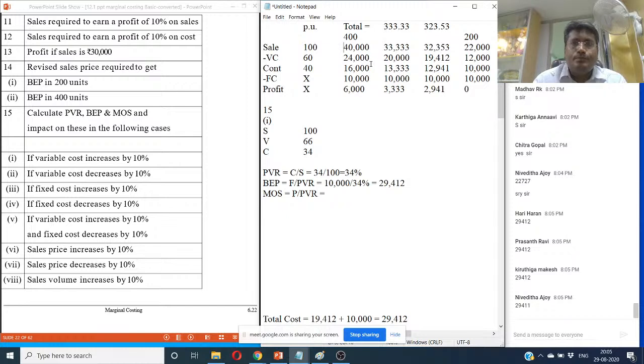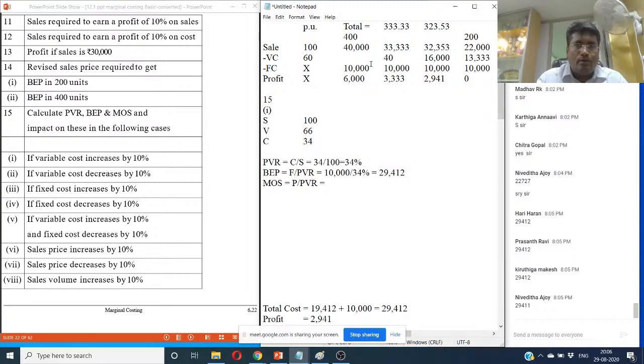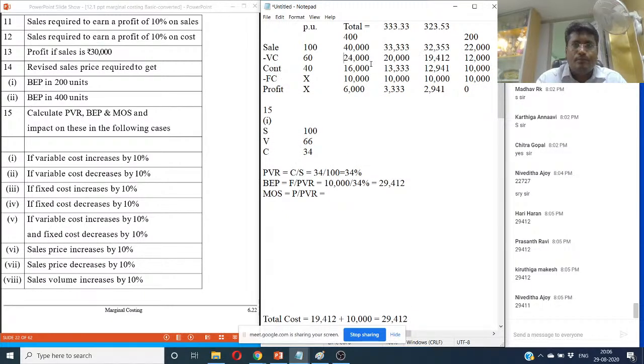Now, what happens for the profit calculation? I'll just eliminate all these things and work it out fresh. So how many units are there? 400 units, right? Sales 40,000, and variable cost will be 26,400, and contribution being how much is that? 13,600.